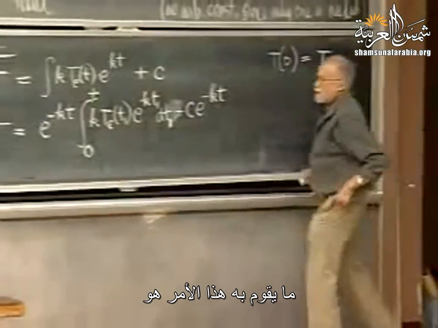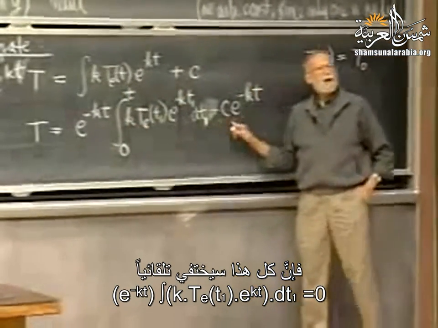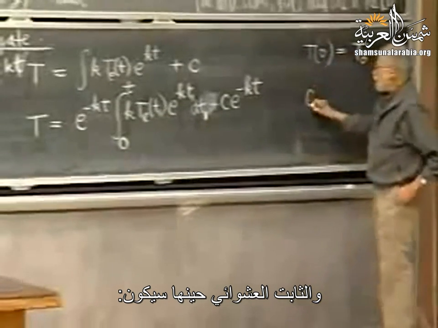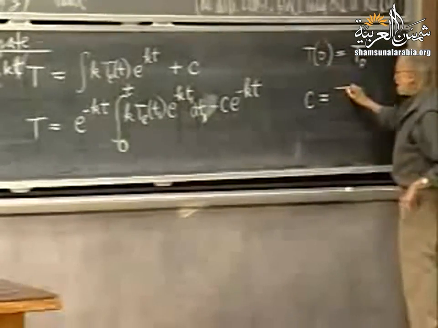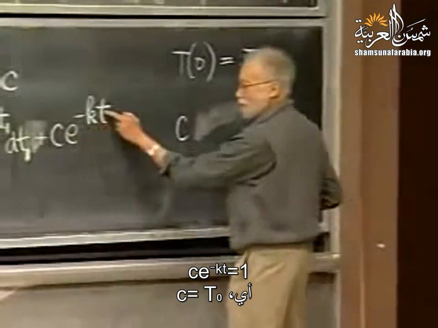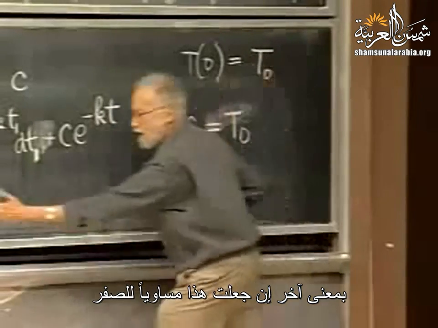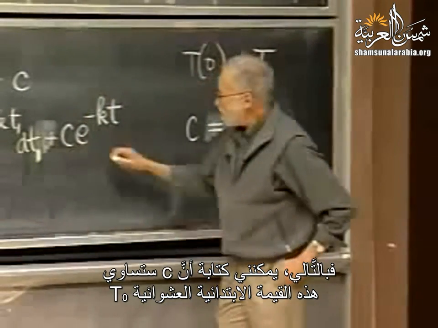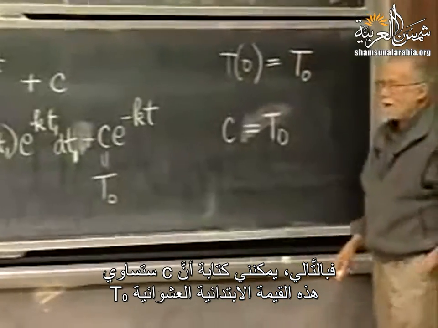When time is 0, all this automatically disappears, and the arbitrary constant will then be, well, C times this, which is 1, is equal to the starting temperature. In other words, if I make this 0, then I can write C as equal to this arbitrary starting value.